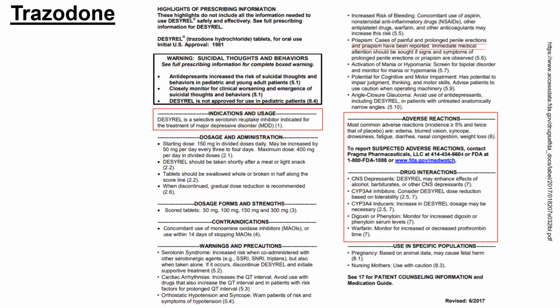So does that mean that we should be screening all of our African American males for the blood dyscrasia disorders before we prescribe these drugs? Or sickle cell, sorry, I couldn't think of it. But sickle cell is a predisposing priapism disorder.